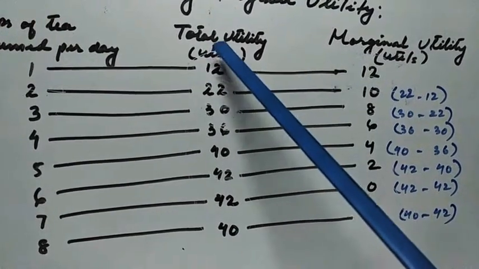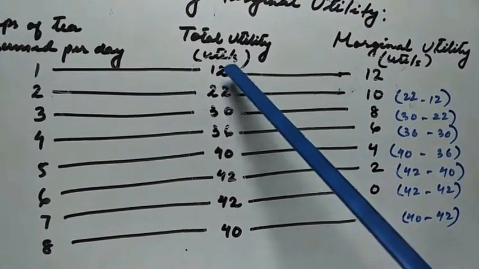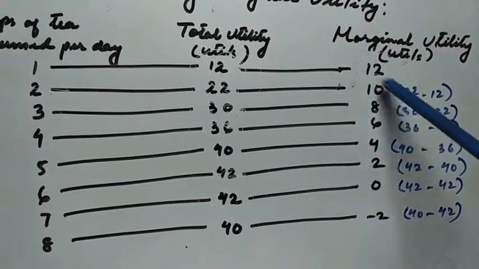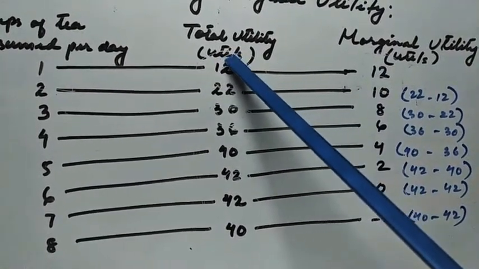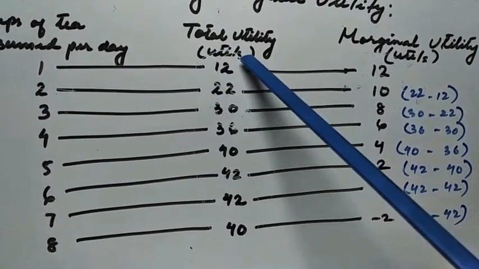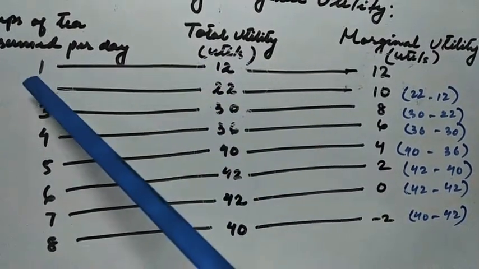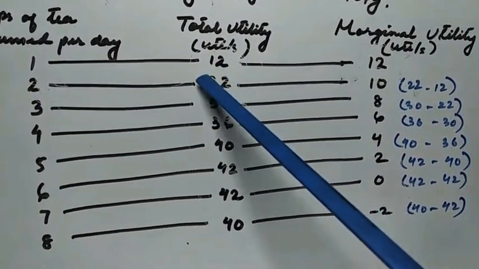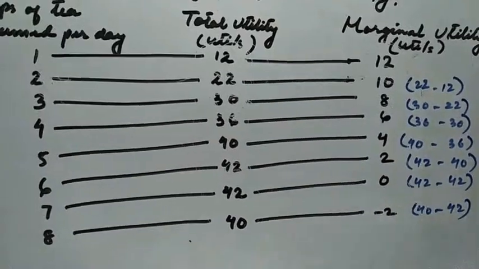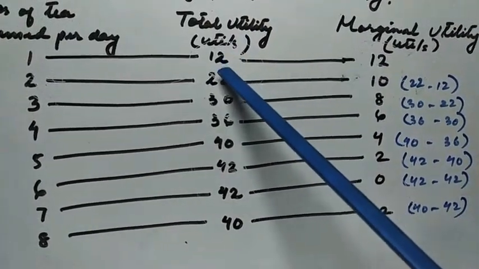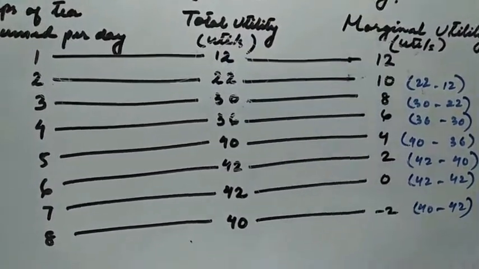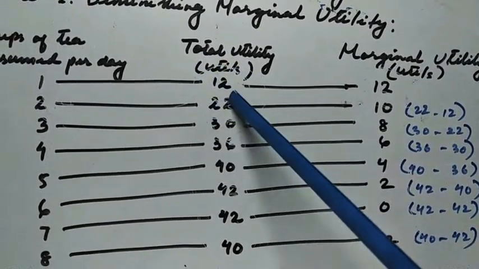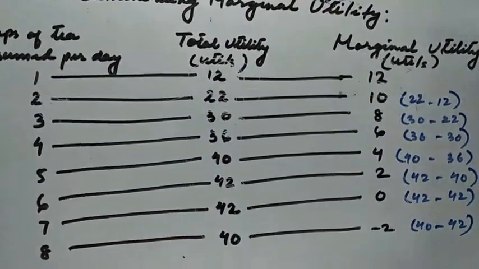So it is the difference: 22 minus 12 is 10. So 10 is your marginal utility. Your previous total utility was 12 only, and by adding 1 more cup of tea, you are getting a total utility of 22. So marginal utility is the additional amount of utility that you get in consuming an additional cup of tea.